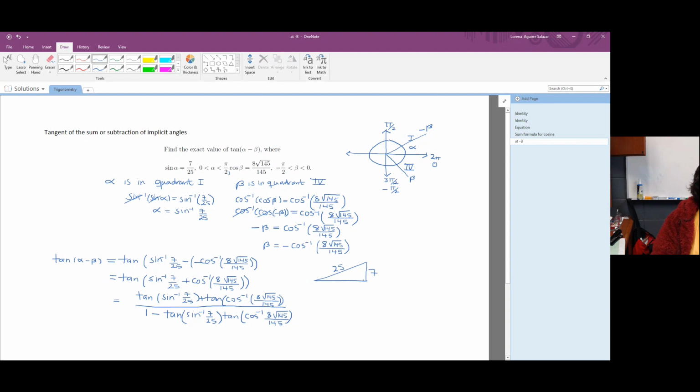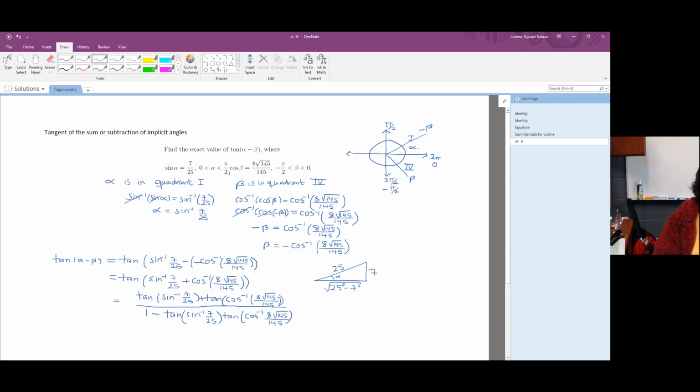And then if this is 25 and this is 7, then we can check that this is the square root of 25 squared minus 7 squared. That gives us some exact number, but we're not going to worry about it. And this is our angle alpha.